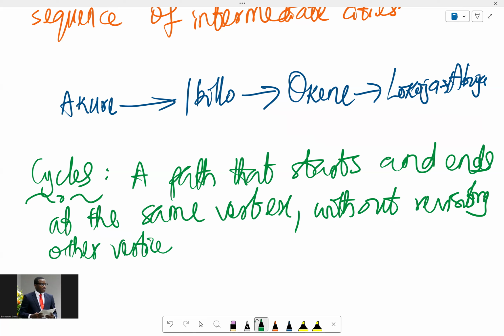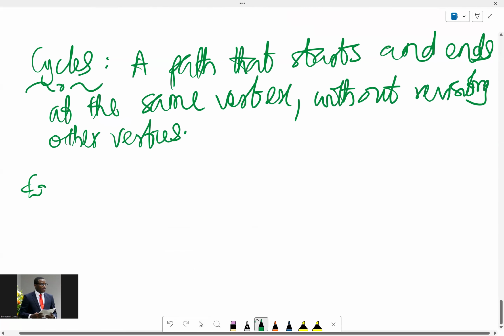So that's like a closed loop, basically.